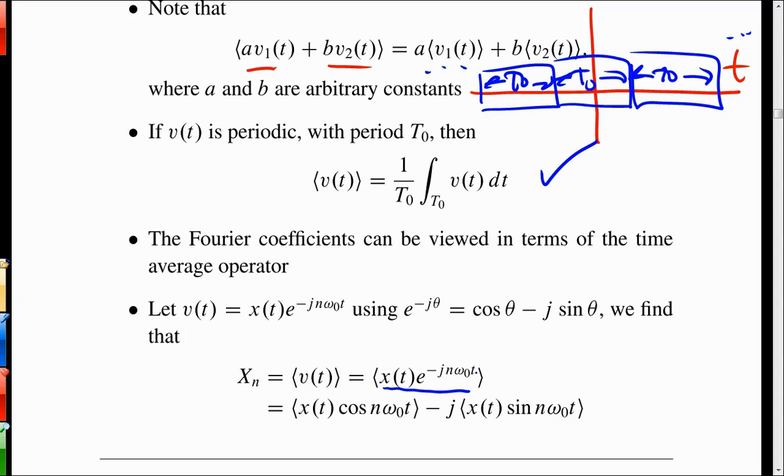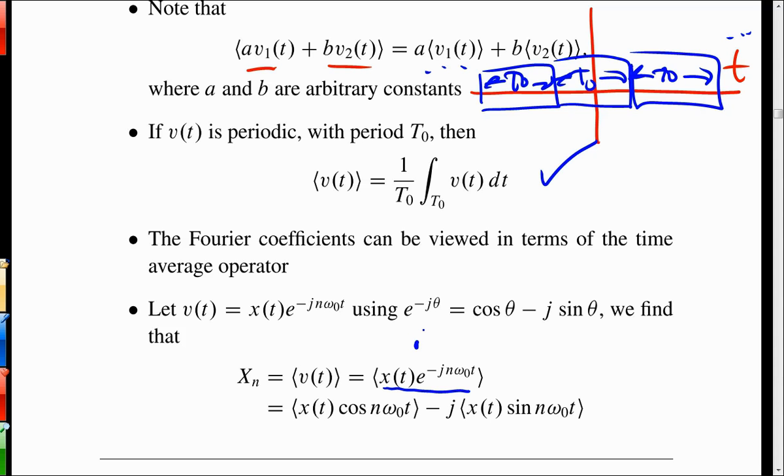Maybe that's why people like mechanical engineering more than electrical, because there's so much concreteness in stuff that they do. But the abstracted idea is pretty powerful, and if this can actually be viewed as a dot product, so we could think of there being a dot in here, and the time average operator would be the inner product operator. And what we're doing with the Fourier analysis equation to get the coefficients is we're dotting our signal x of t against this other function, the complex sinusoid.